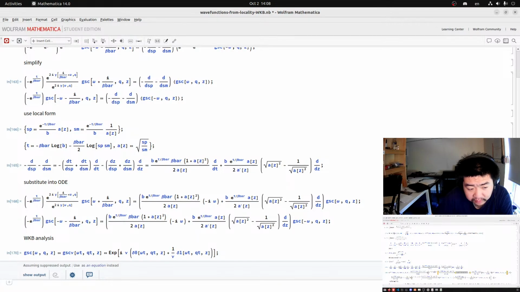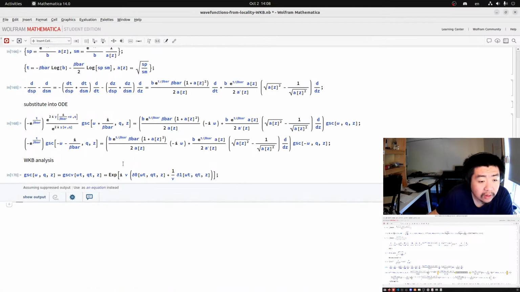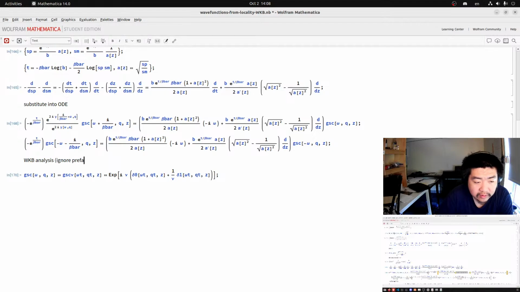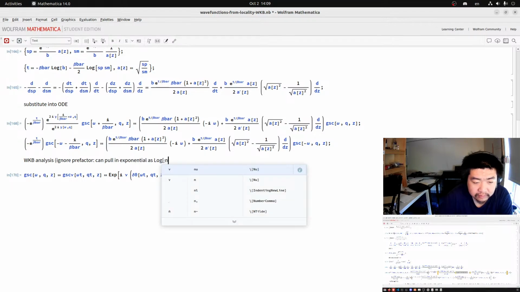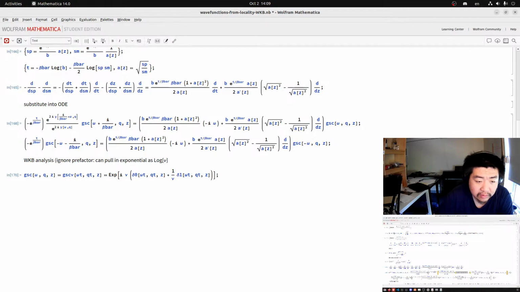Yeah, because when you solve for the wave function, generically there will be 2, but if I only want the, yeah, this is precisely correct, up to some log factor. Ignore prefactor. Can pull in exponential as log of nu. So nu to the 0 log of nu. Yeah, and that's fine.